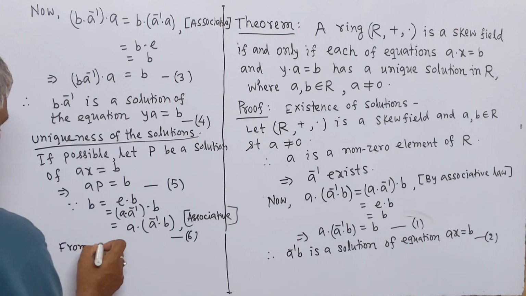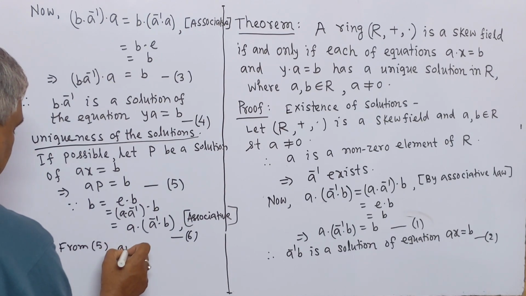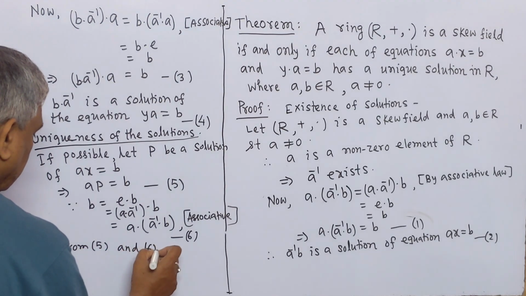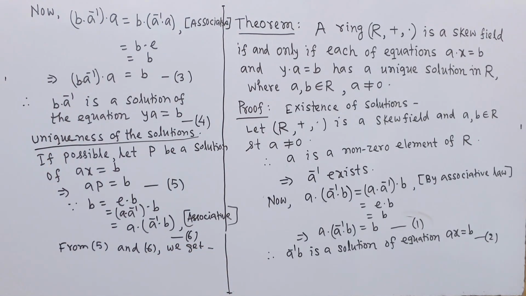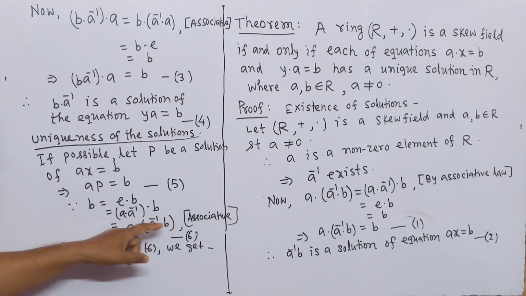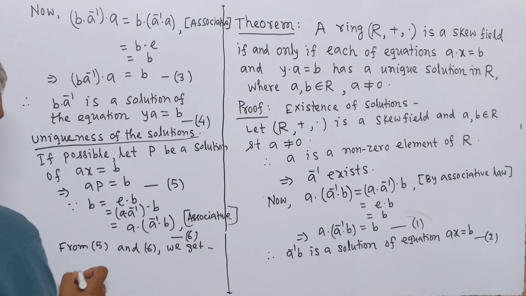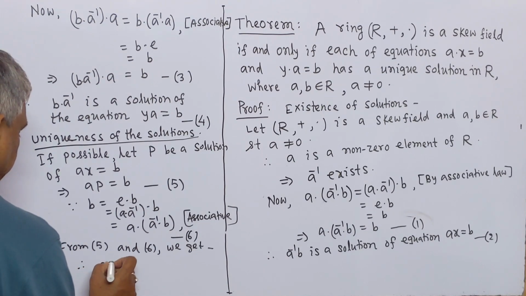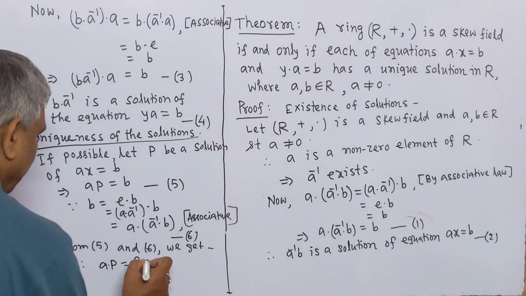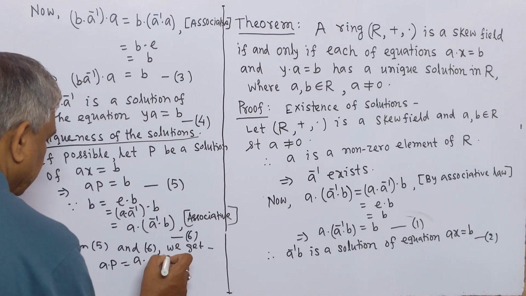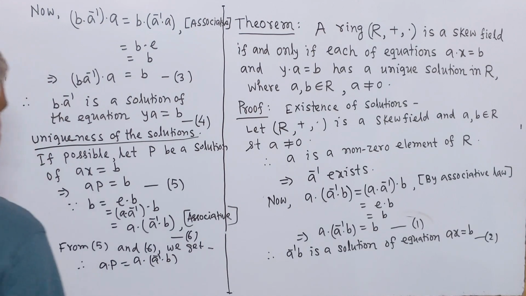From 5 and 6, we get, here in 5 b equal to ap and in 6 a multiply a inverse b equal to b. Therefore, ap equal to a multiply a inverse multiply b.